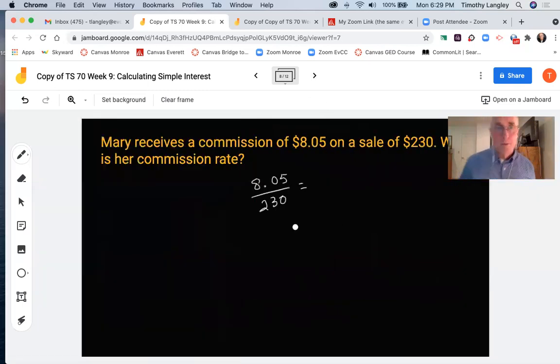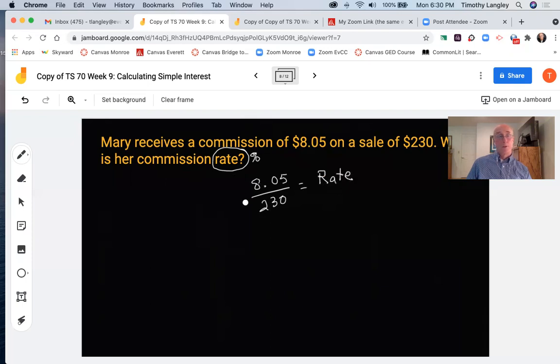A couple more examples. Mary receives a commission of $8.05 on a sale of $230. What was her commission rate? Notice they're not asking for the commission. They want to know the percent, the rate. Well, if we take the amount of money that she made and divide it by the total of the sale, that will give us the rate for this problem.